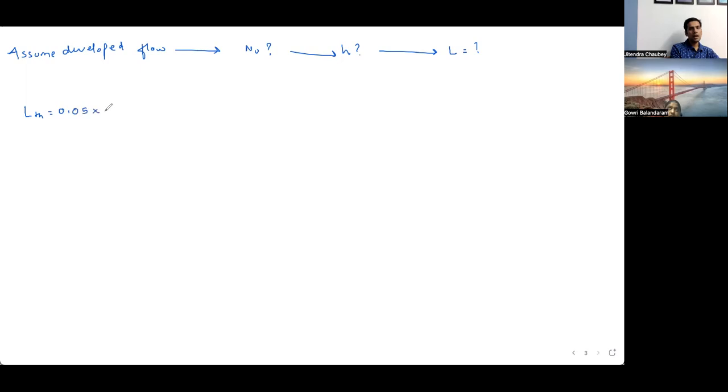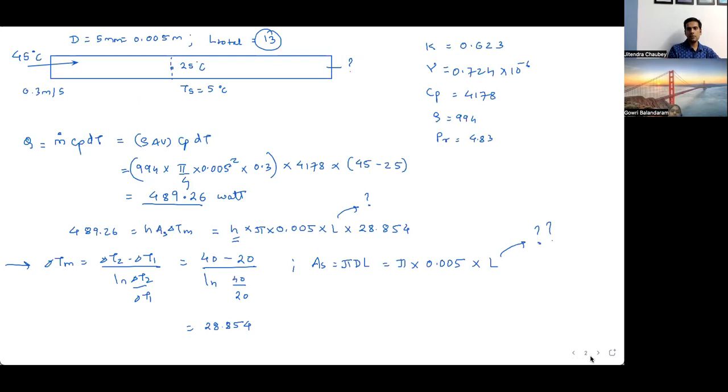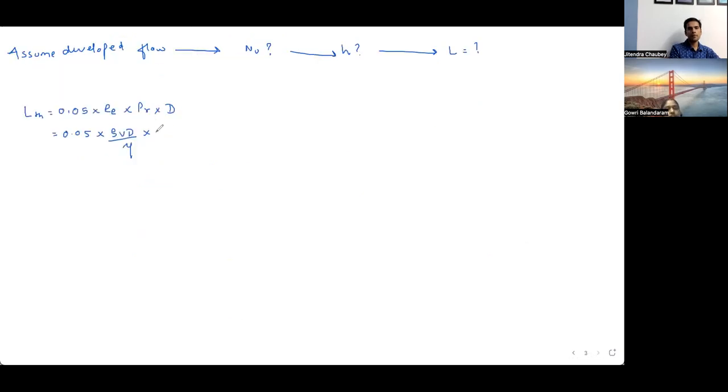L thermal is 0.05 Re Pr D. Re will be rho V D by mu. Then Pr is 4.83 and the diameter is 0.005.